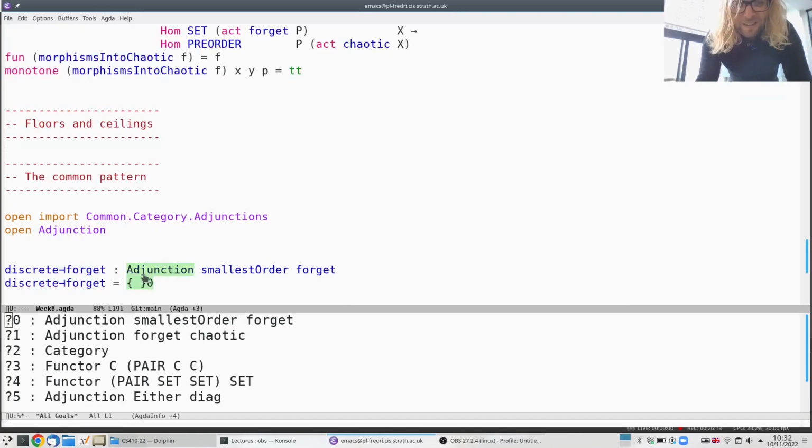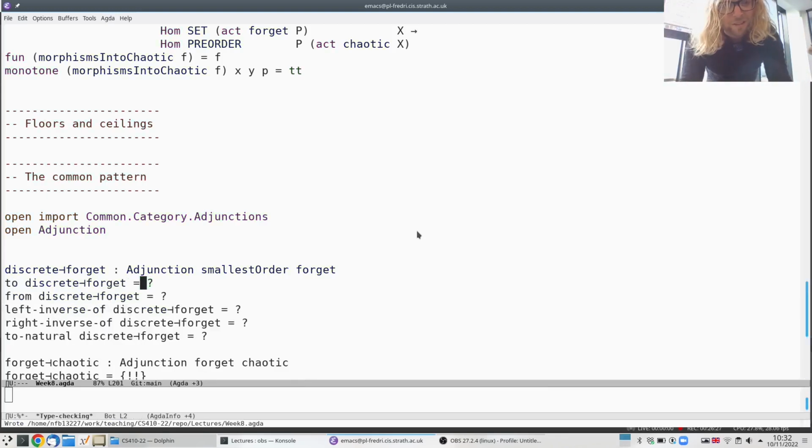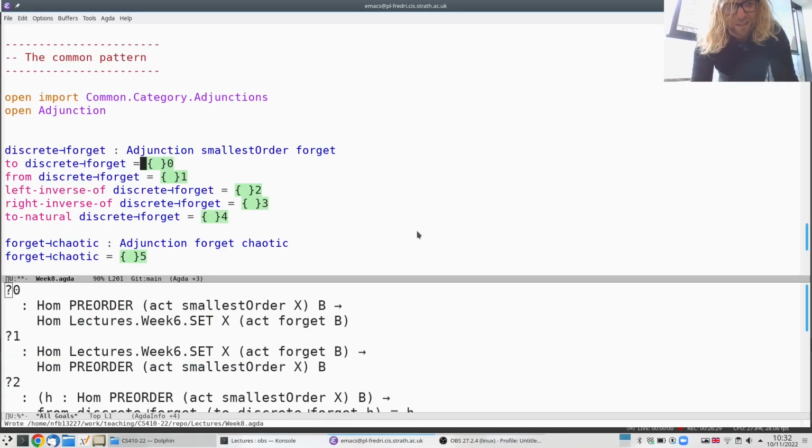Okay, so let's see if the thing we have actually fits into this framework. We had this idea of maps out of the smallest order into forgetful things, which were really easy. So what do we need to do in order to actually turn this into an adjunction? Well, we have to give the maps to and from, we have to prove that they are inverse, and we have to show that it's natural.